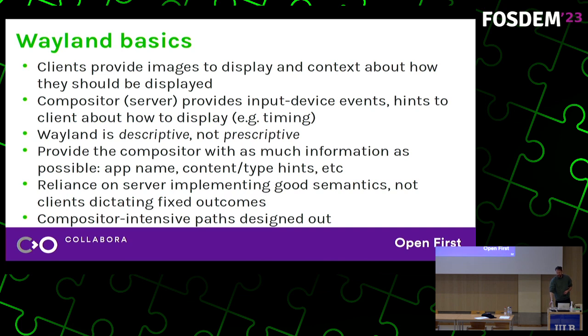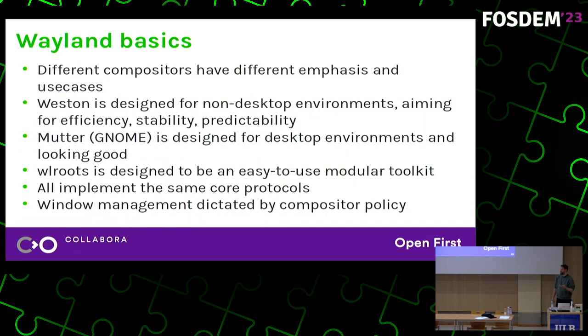And yeah, we tried to make sure that there were no paths in Wayland that required the compositor to do a huge amount of work, because it's such a critical part of the stack that you can't have it burning loads and loads of time. So like I said at the start, your compositor could be GNOME, KWin, Weston, Sway or something like that. They're all designed for different things and different use cases, like window managers in X11 were.